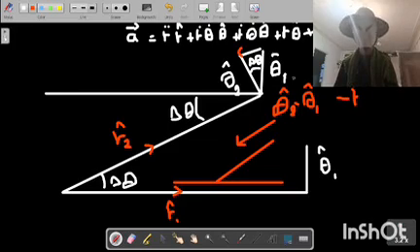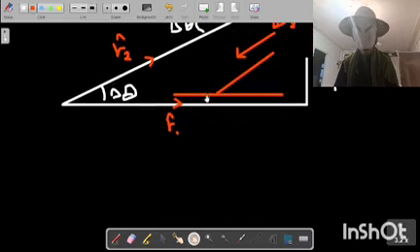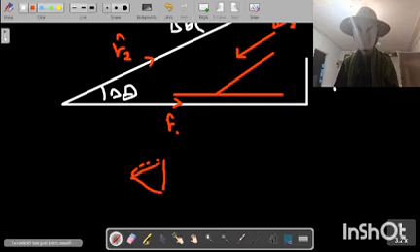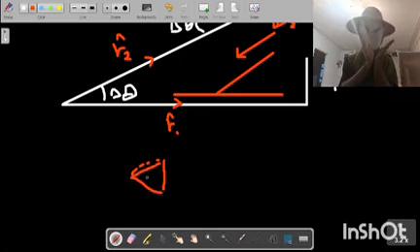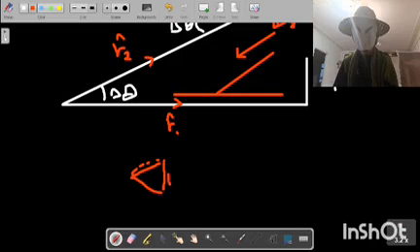So we can make a very clean part of the circle. This amount is almost the same as this amount when the angle is very small. This is the unit of 1, this is also the unit of 1. This is delta theta.